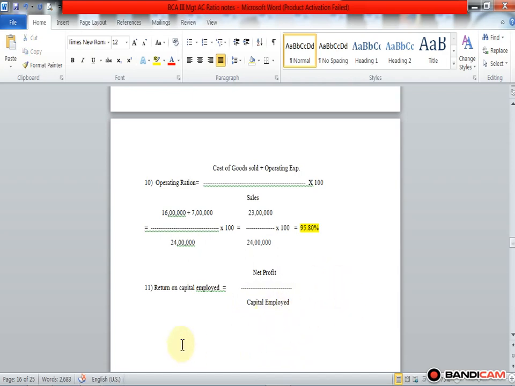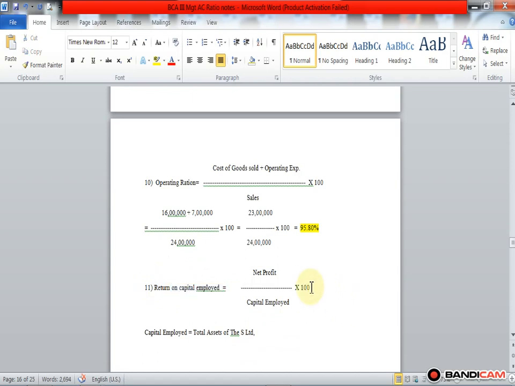So capital employed is equal to total assets of the company Ltd, multiplied by 100, and we calculate the percentage of return on capital employed.